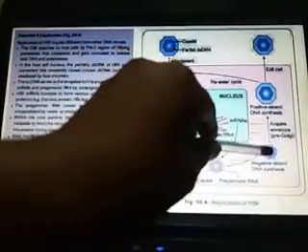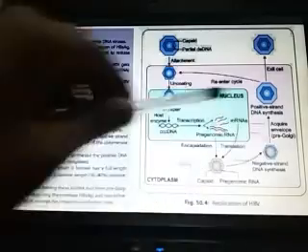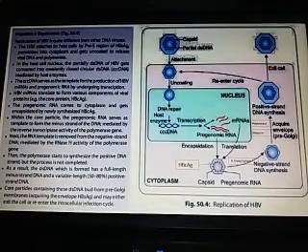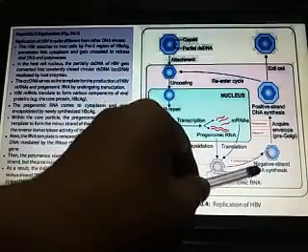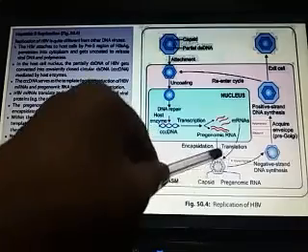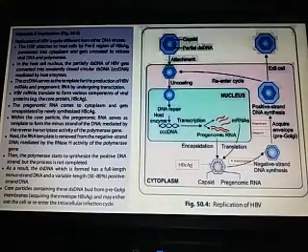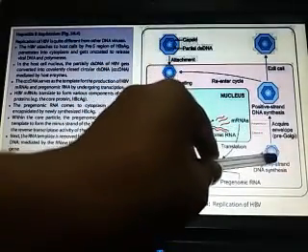Now these core particles have negative-sense DNA, negative strand DNA, because it is formed from the pre-genomic RNA. That's why it is known as negative-sense DNA. Okay, and what will happen now?